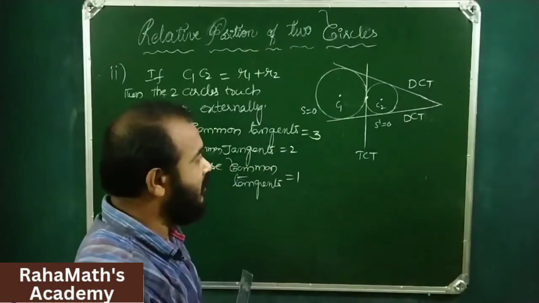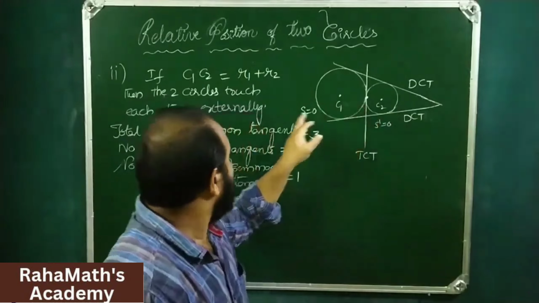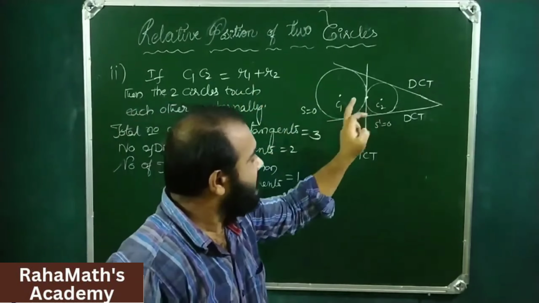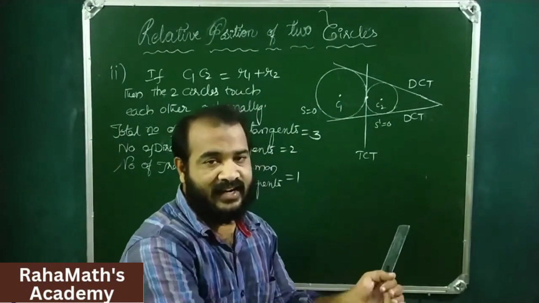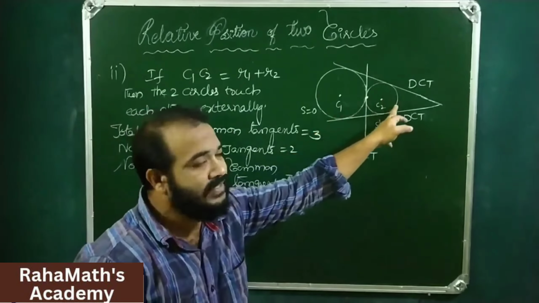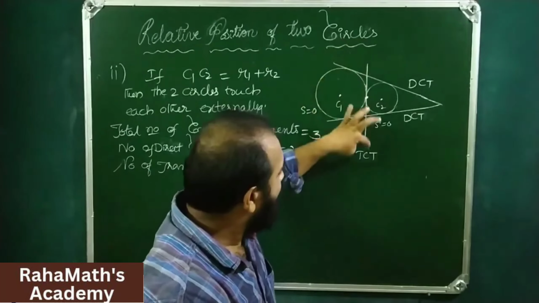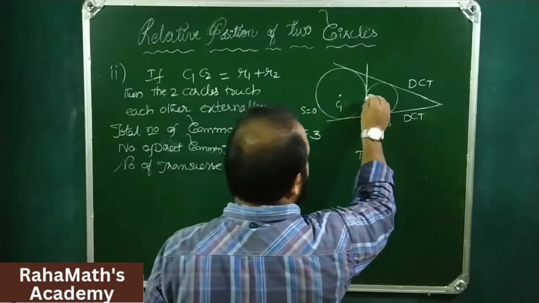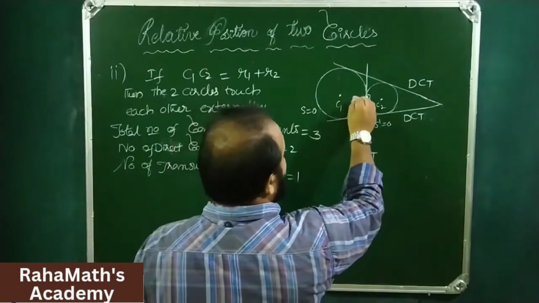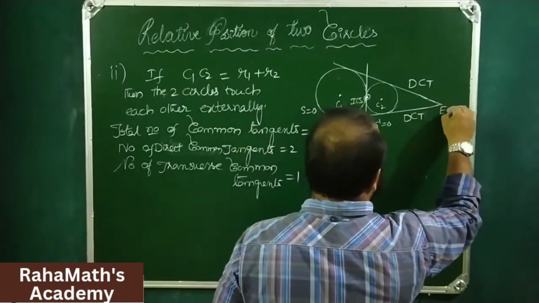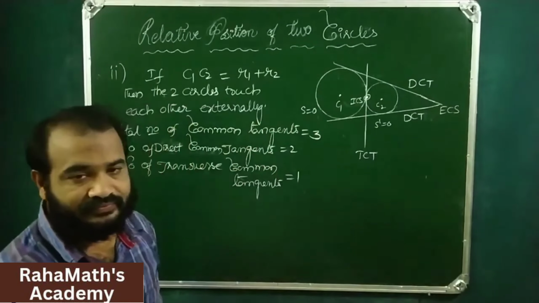Therefore, when C1, C2 is equal to R1 plus R2, the two circles touch each other externally. One circle lies completely outside the other. So here, what is this point of contact? This is the internal center of similitude, and this is the external center of similitude.